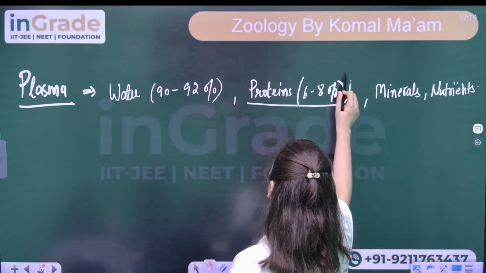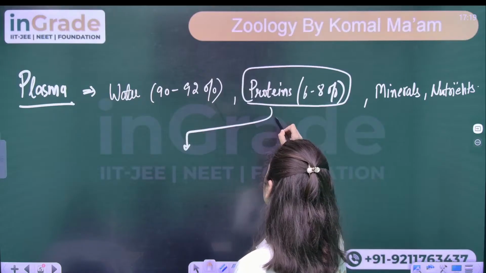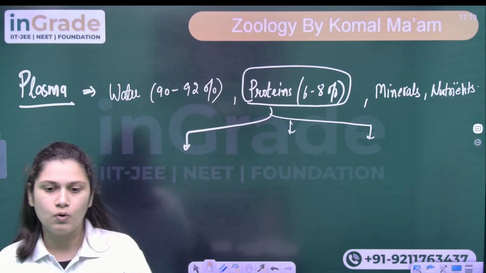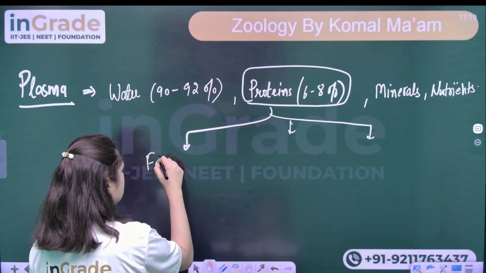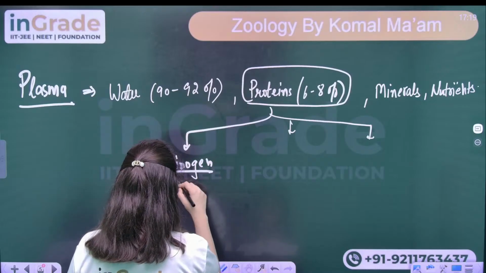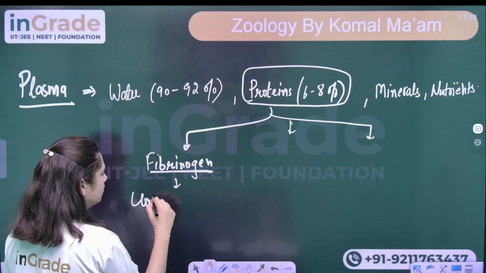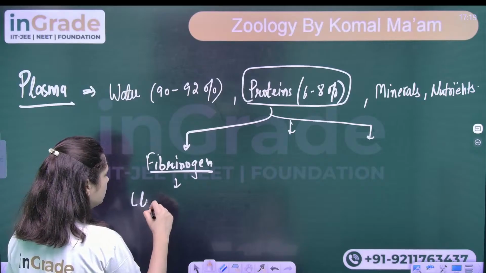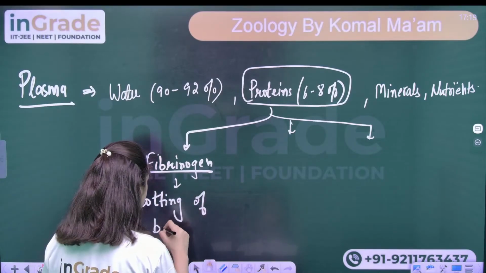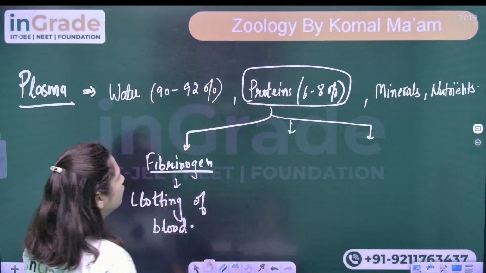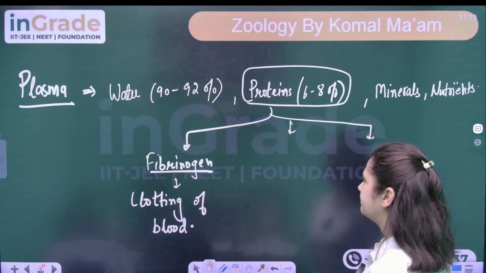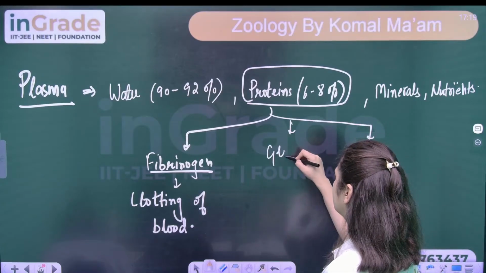Now if we are talking about proteins, we have three types of proteins in the plasma. One is fibrinogen, which is responsible for clotting of blood. Second we have globulins.